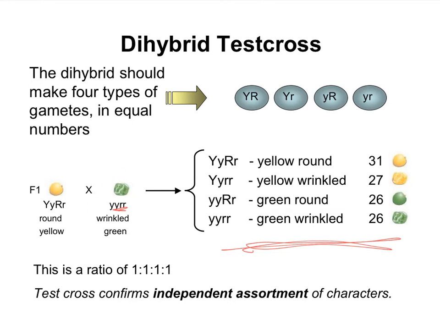By doing this test cross, using a pure breeding wrinkled green pea plant, and I cross it with this round and yellow pea plant, and I get all these different combinations, that tells me that this individual is heterozygous. If it was homozygous, then I wouldn't get any yellow wrinkled, and I wouldn't get any green wrinkled, because these are recessive traits, right? They have to have the little r, little y in order for there to be a double little y and a double little r.